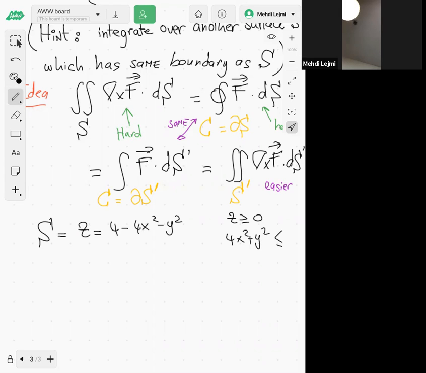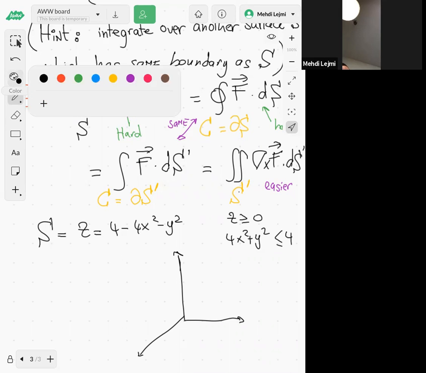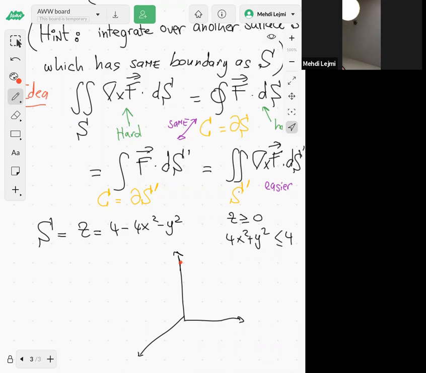If you try to graph this surface S, the highest point would be the point (0, 0, 4). So you're going to have something like this here.